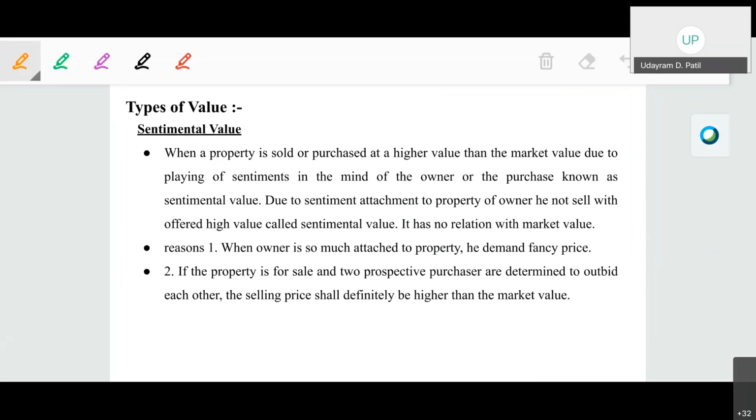Next is the sentimental value. Suppose I have my ancestral house, which our family has been using from our grandfather's time or even earlier.